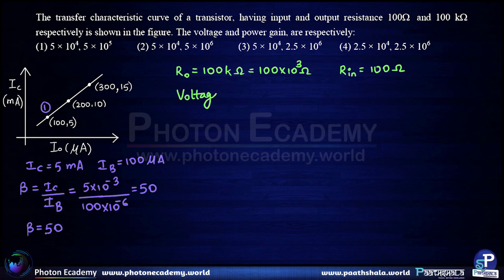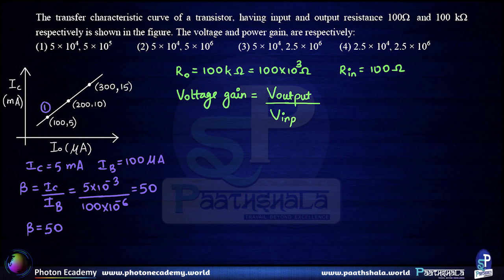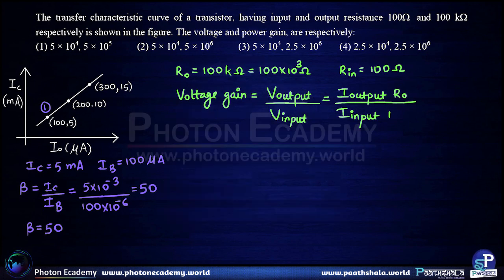Voltage gain will be V output divided by V input, which is output current into output resistance, that is R0, divided by input current into input resistance, which is Rin.